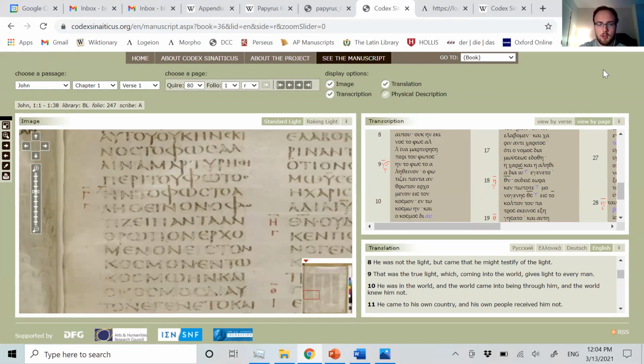change in pronunciation. We can see, for example, in Papyrus 66, which I mentioned to you earlier, we don't see alethenon, alethenon, yes, confused with being like alethenon.